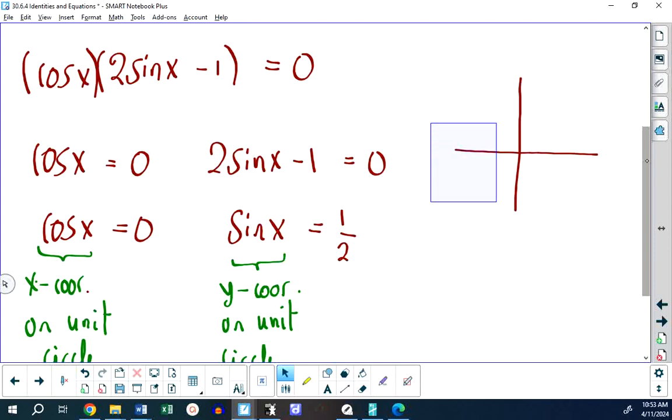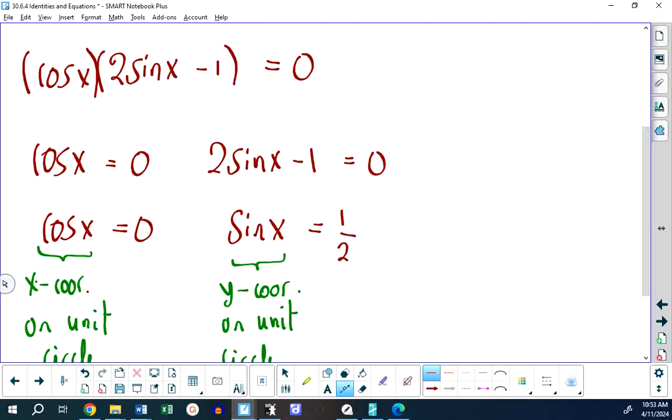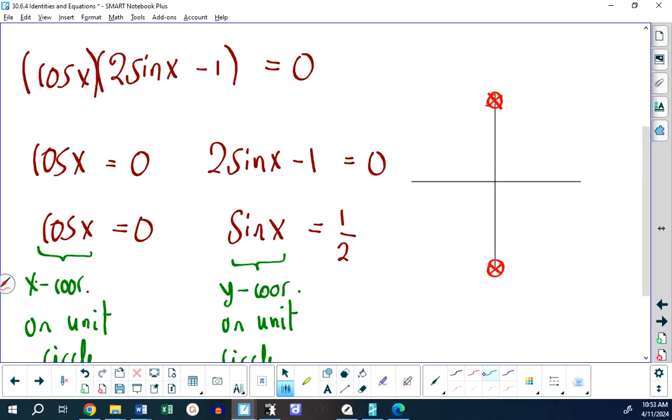Let me clean that up a bit. I'm not even going to draw a circle. The x-coordinate is 0 in this location and this location, right? There's no significance to the fact that I drew an x in a circle. I'm just marking off the locations.